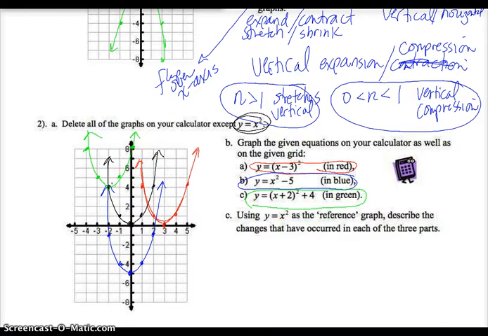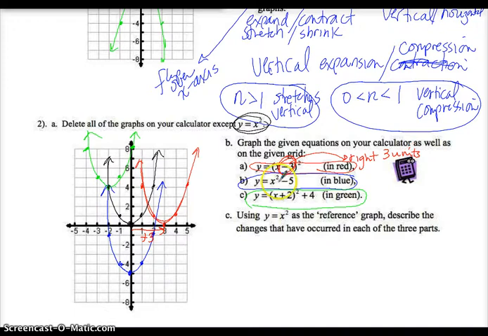This first one in red, notice, how does the number inside the parentheses that is paired with the x impact the graph? Well, it was a -3 in there, so instead of going left 3, we actually did the opposite, so we went right 3 units. So that was a slide to the right.